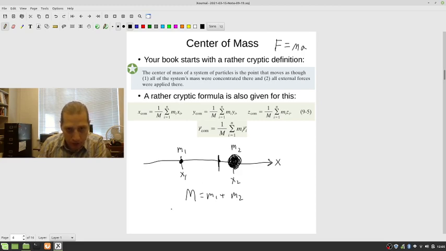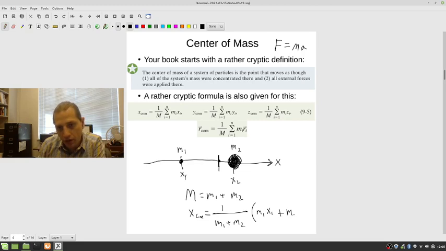So in this case, my x center of mass equals 1 over the big M, so 1 over m1 plus m2, times m1 times x1 plus, that's what this symbol means, it's a sum, m2 x2.